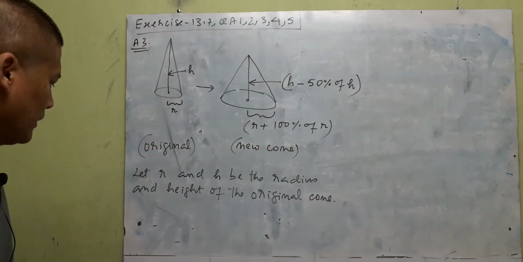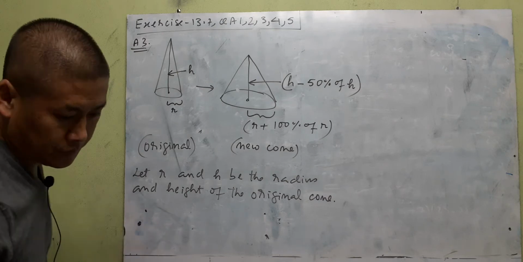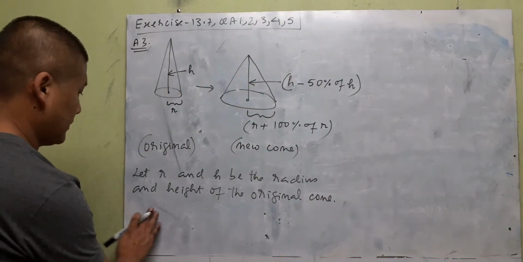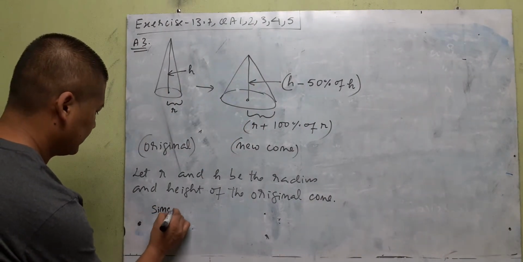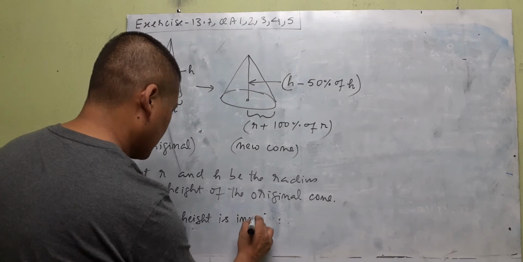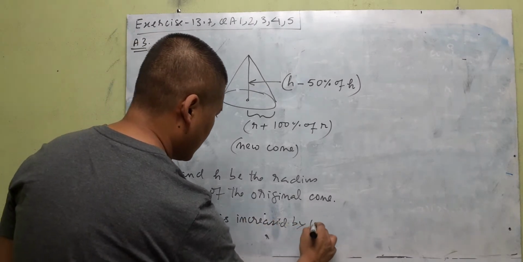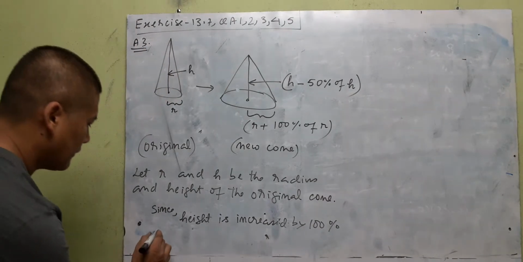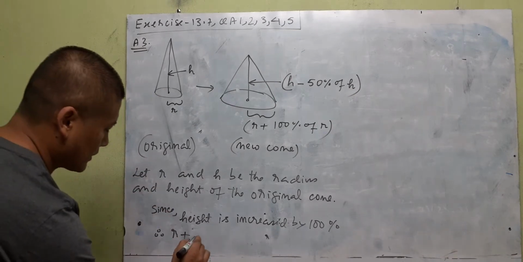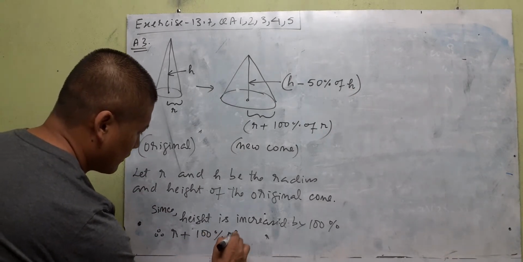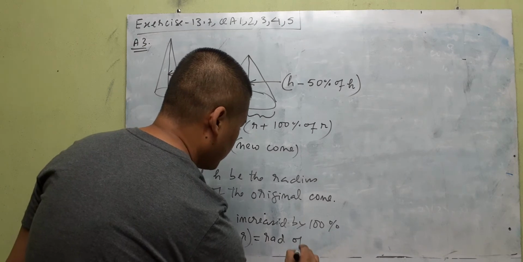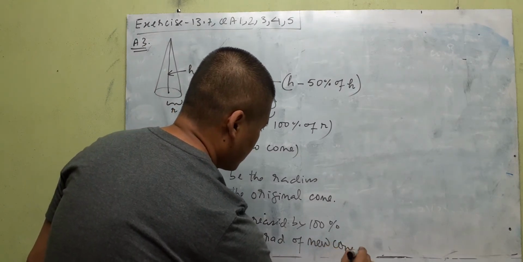Therefore, the question is saying, since the radius is increased by 100% in the new cone, increase means plus: original r plus 100% of r is equal to the radius of the new cone. Let us solve this part here.